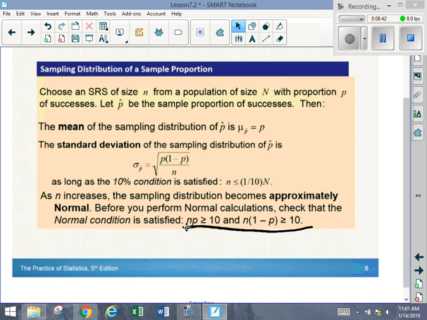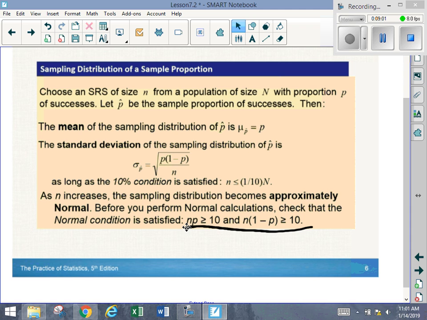Which is fairly simple, right? This is usually going to be a fairly large number, n times p. And you need to check that n times 1 minus p is greater than or equal to 10. You must check both. If you do not check both, then you lose points.